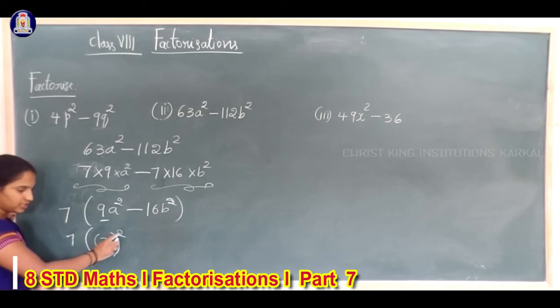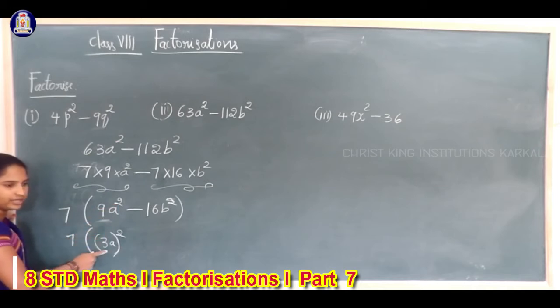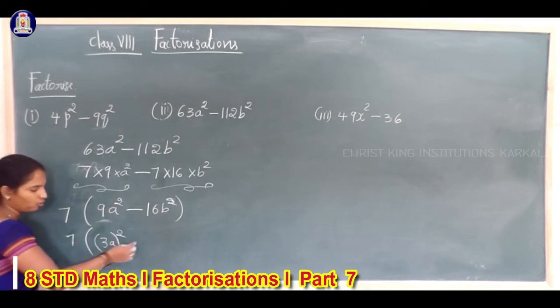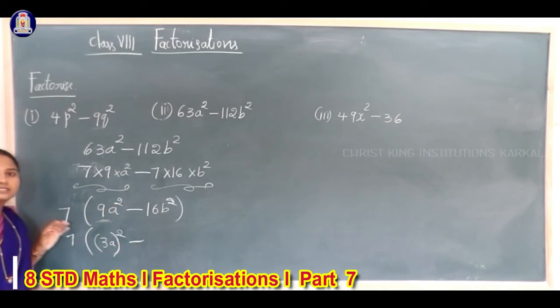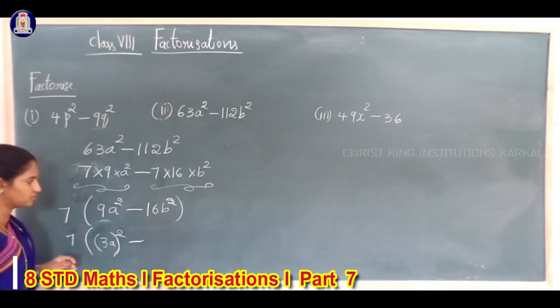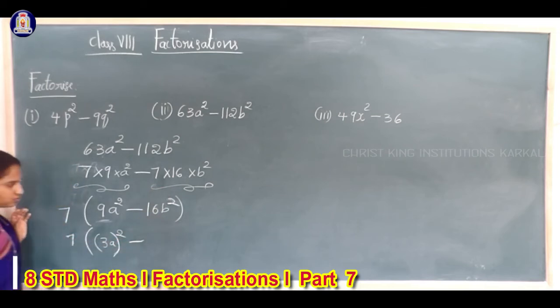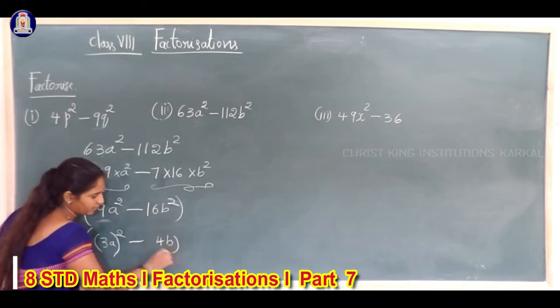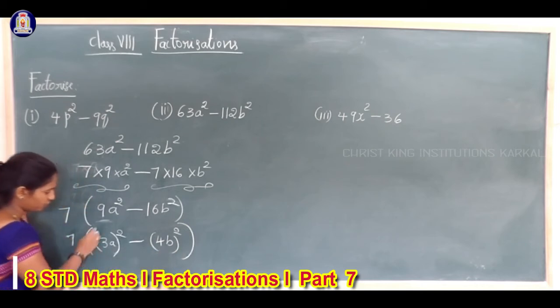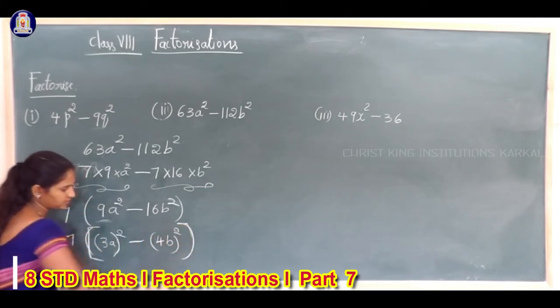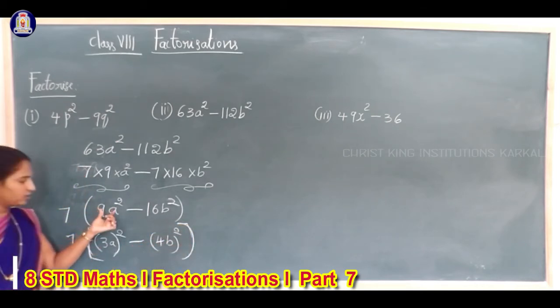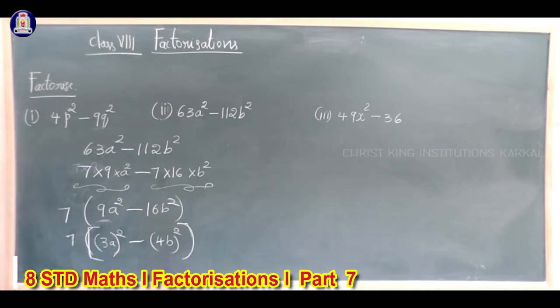That means 3 square is 9, 3 into 3, a square. So we can write 9a square as 3a the whole square minus 16b square. Here 16 is also a perfect square, so this can be written as 4b the whole square. Is it correct? Yes. 3a the whole square minus 4b the whole square.